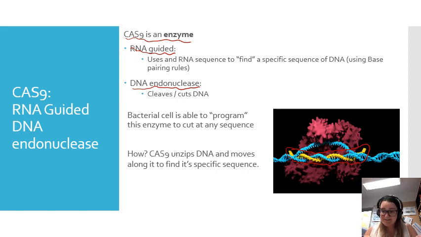When it finds the bacteriophage DNA, it's chopping it up and trying to kill it so that it can't infect and hijack its machinery to make more virus particles. So the bacteria cell is actually able to program that enzyme to cut any sequence it wants, and we'll go into how it does that in a moment. But basically what it does is it unzips DNA and moves along it to find that specific sequence.